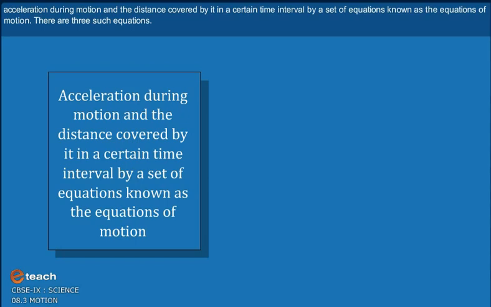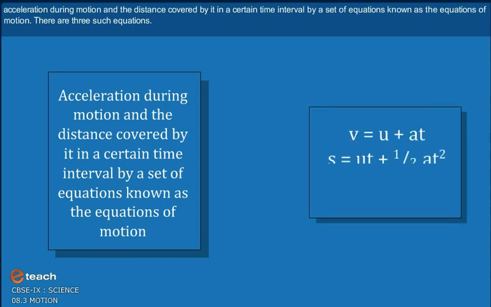There are three such equations. These are v = u + at, s = ut + ½at², 2as = v² − u².